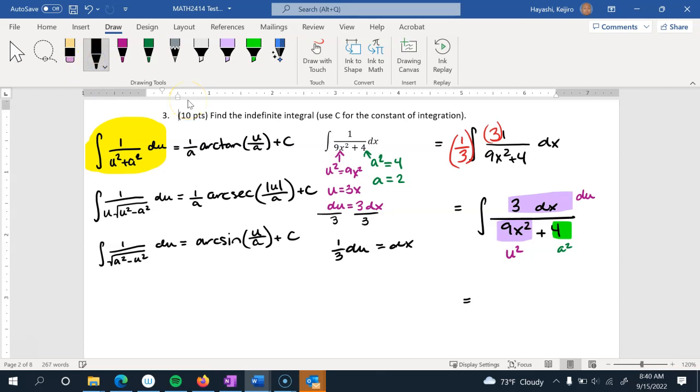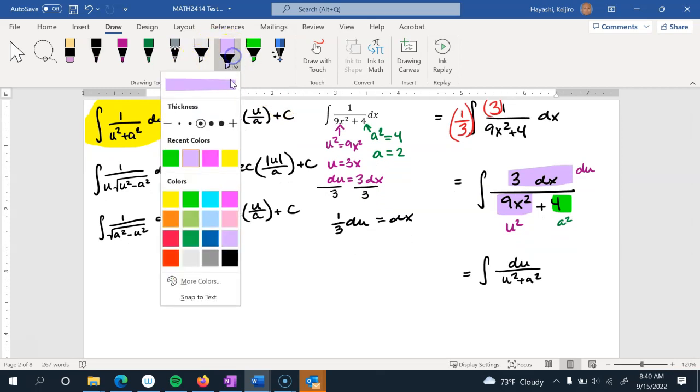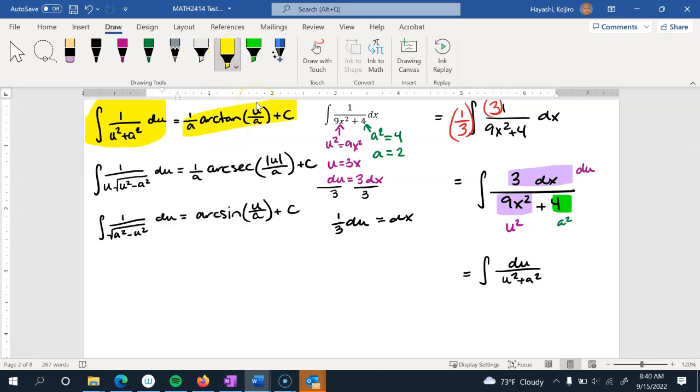So making all those substitutions, it becomes simply du over u squared plus a squared, which perfectly fits the form of this arctan integral. So this should be 1 over a times the arctan of u over a plus c.